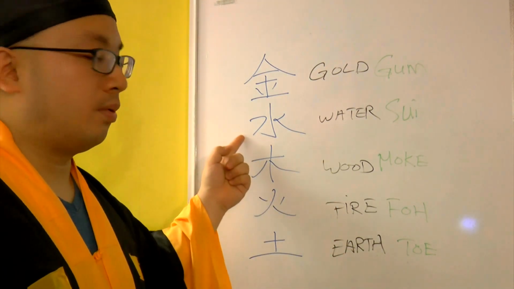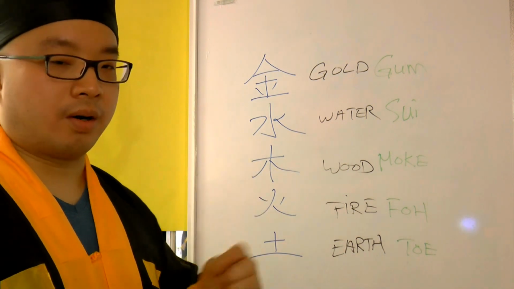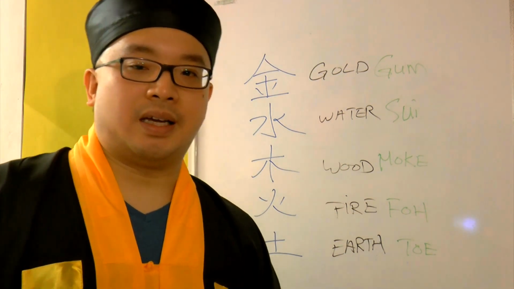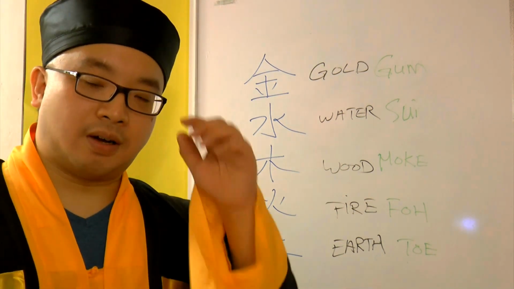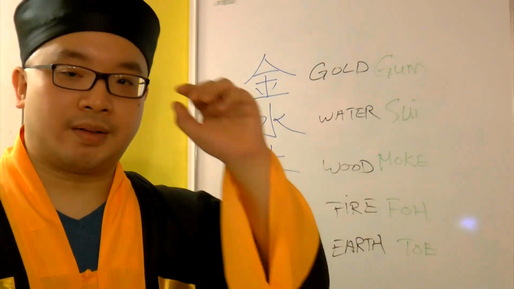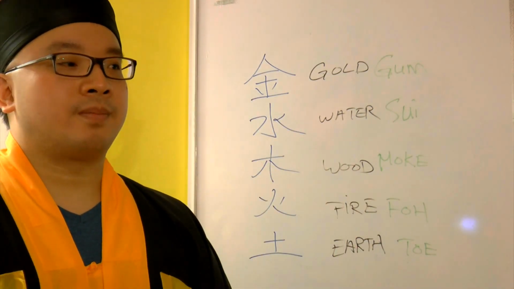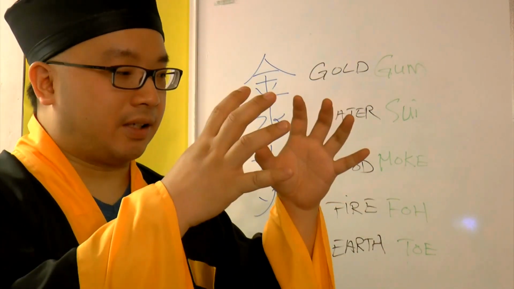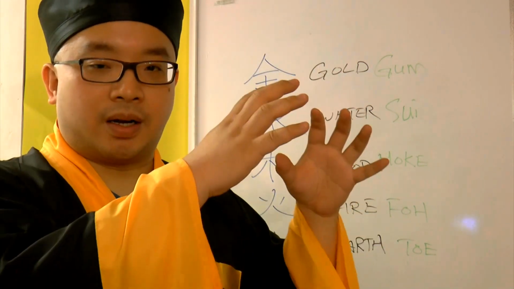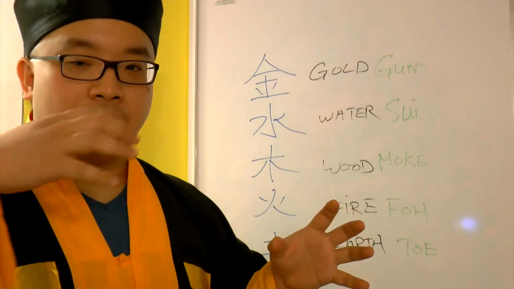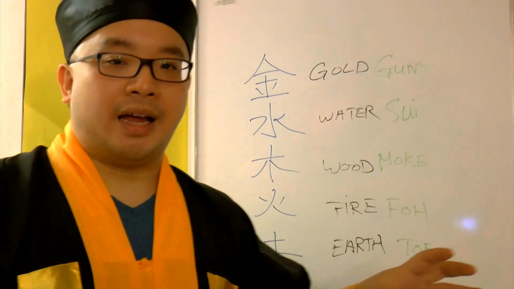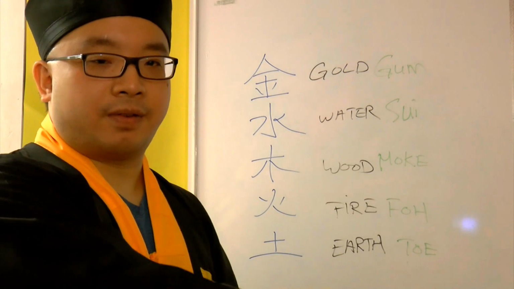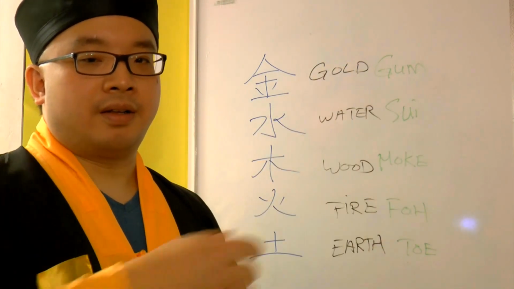Now, 水, water. Okay, water. Water is the process of transferring. It's like this, okay? There's a middle ground between A and B. A goes in, gives something, like puts it there, okay?